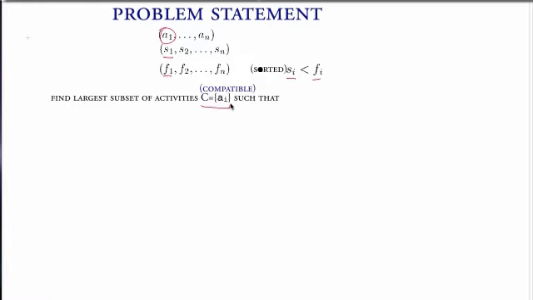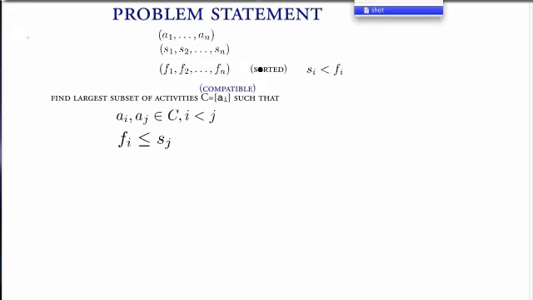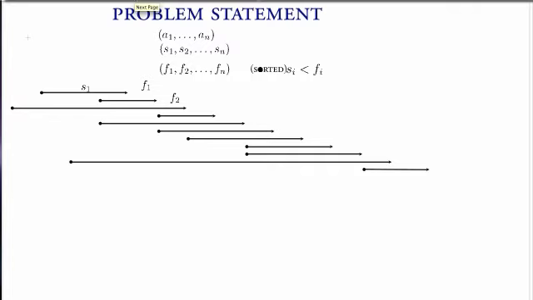So the goal is to find some subset of activities such that for any two activities in your set, the finish time of i has to be less than the start time of j. A better way of representing this type of problem is with a diagram like this.